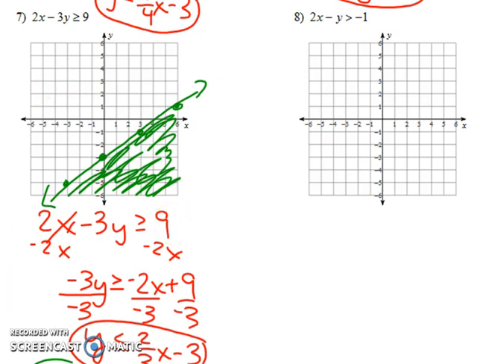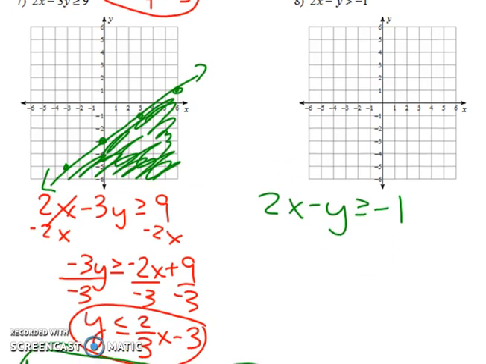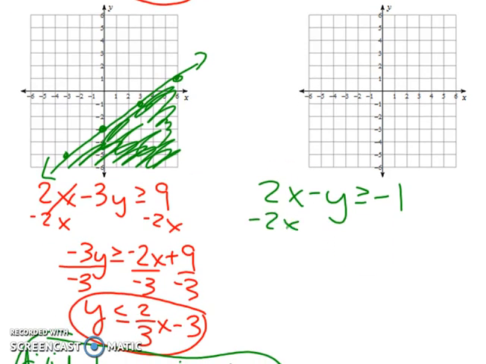Okay? So again, if you want to try number 8 on your own, press pause, and it will pop up in a second. But I'm going to do it with you. So I'll rewrite it. You will minus 2x on both sides. Don't forget that negative with the y. So negative y is greater than or equal to negative 2x minus 1.